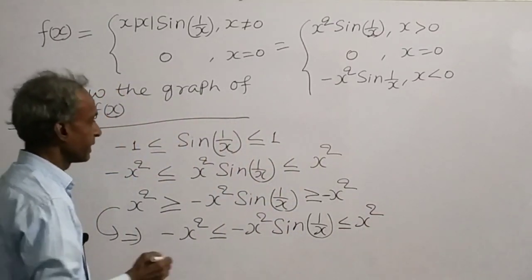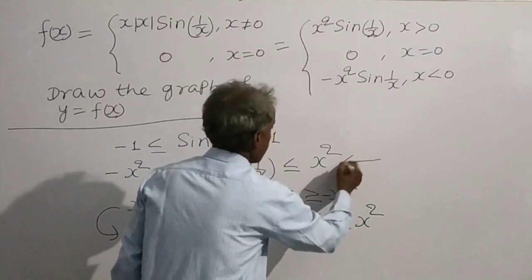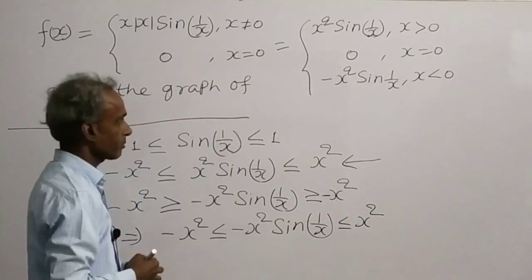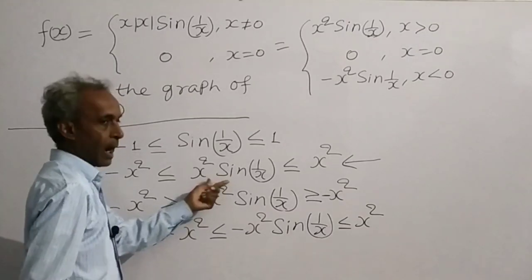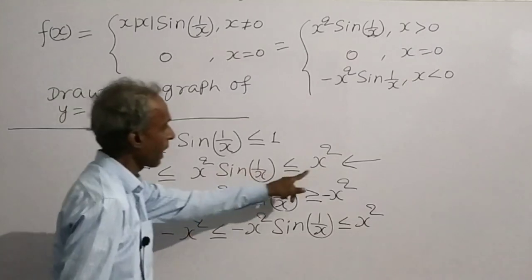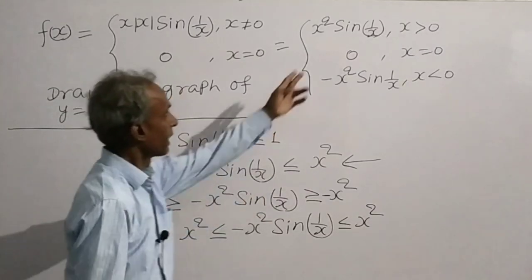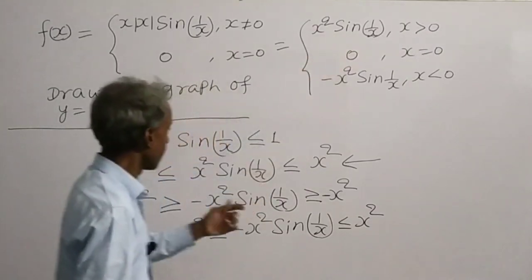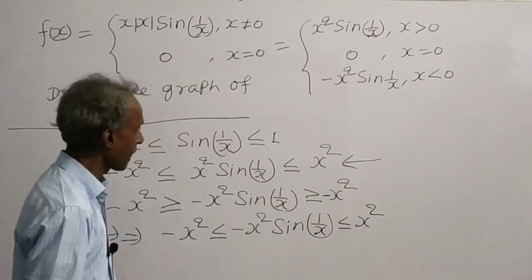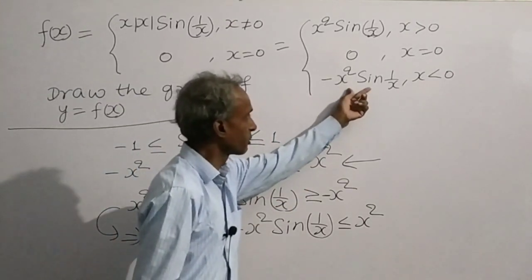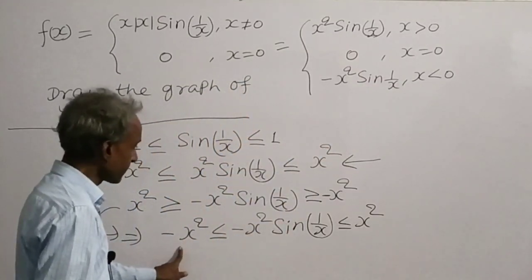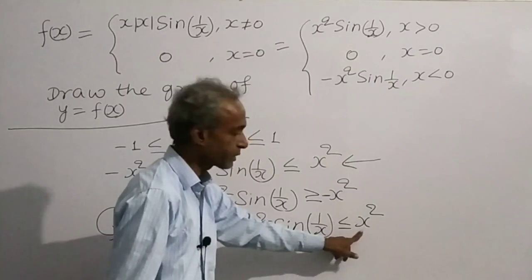Thus we see that x square sin 1 by x lies between minus x square and x square. That means this expression lies between minus x square and x square, and this expression also lies between minus x square and x square.